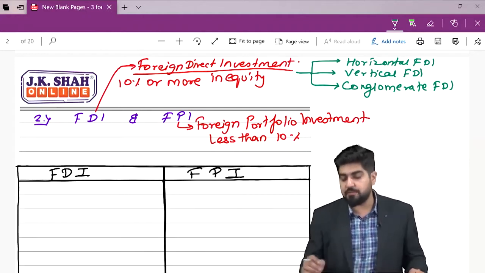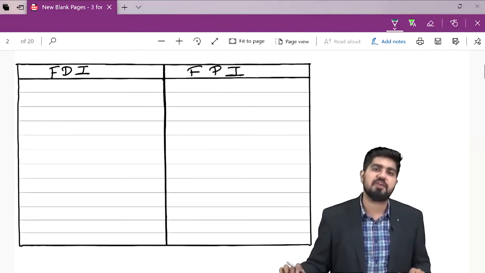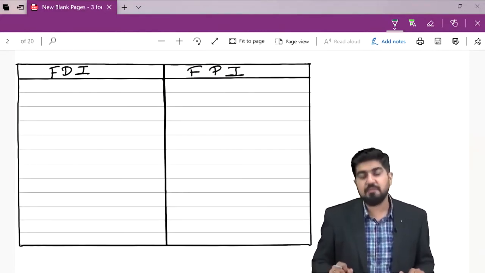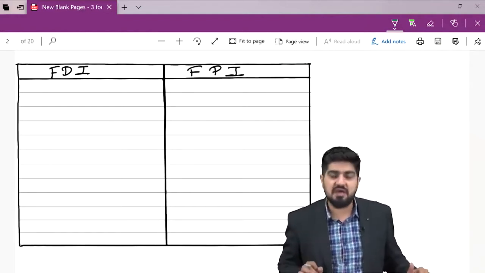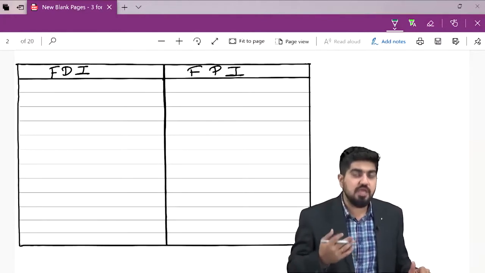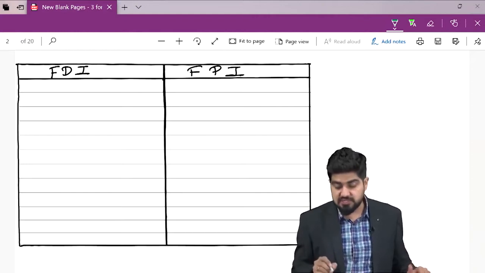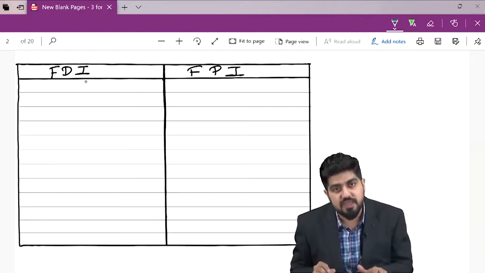Now, it's a very important task in front of us. We need to understand and distinguish between FDI and FPI. But let's take it as a case study, a question answer round. I'll be asking you questions. You have to respond with the answers. Depending upon your answers, we are going to frame the points here that you are seeing.